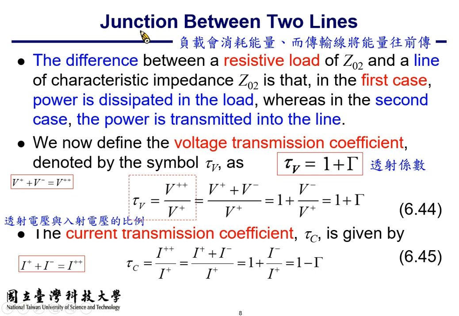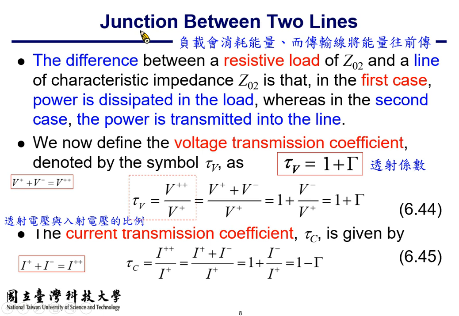It can be replaced as 1 plus V minus over V plus, which is the same as 1 plus gamma. So that's a very important relationship, which means that you don't have to memorize the expression for the transmission coefficient. It's just the sum of 1 and the reflection coefficient.